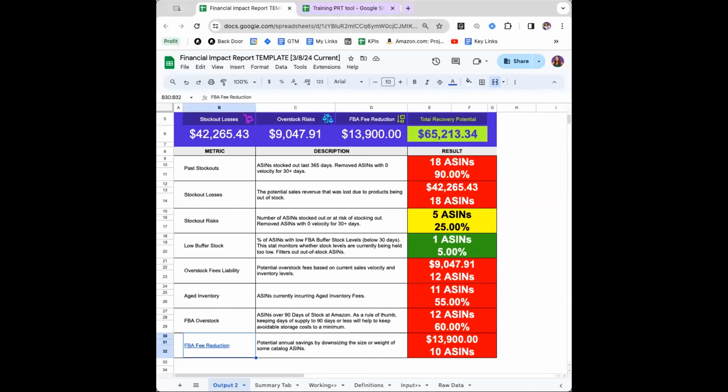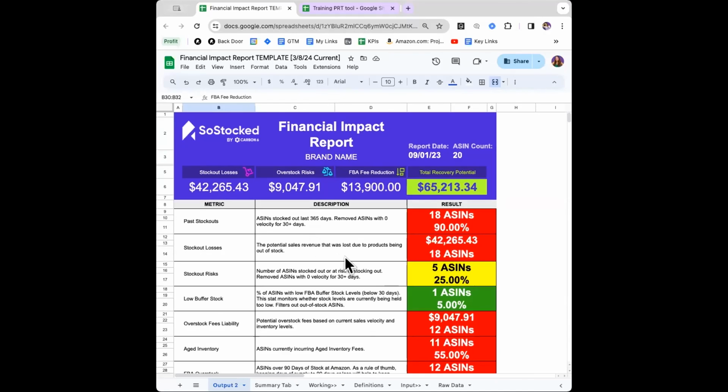All right, so I put up the financial impact report, the profit audit. What this is going to do is look at your entire catalog and assess if you had any stock out losses in the past year. How much did it cost you to be out of stock, and how many ASINs were out of stock out of your entire catalog?